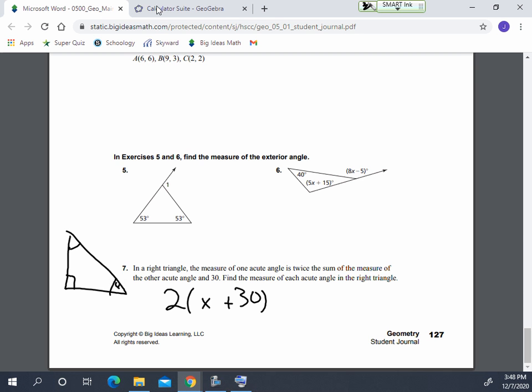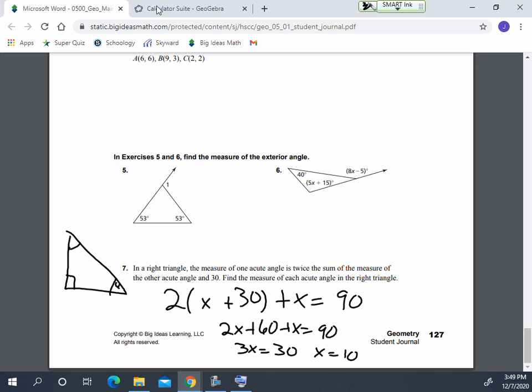Okay, yeah. Plus x is equal to 90 degrees, right? Because we know that those two angles have to equal 90 in a right triangle. If we solve for this, we get 2x plus 60 plus x is equal to 90. Add up, we get 3x is equal to 30 and x is equal to 10.